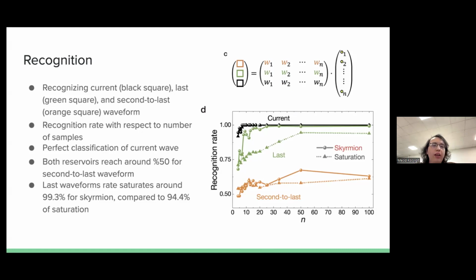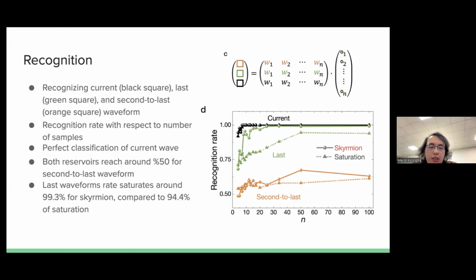So finally, for the last waveform, this one is a bit more interesting. Upon increasing n, the recognition rates increase rapidly with obvious randomness in it for the first n values, and they tend to saturate with n greater than 20.